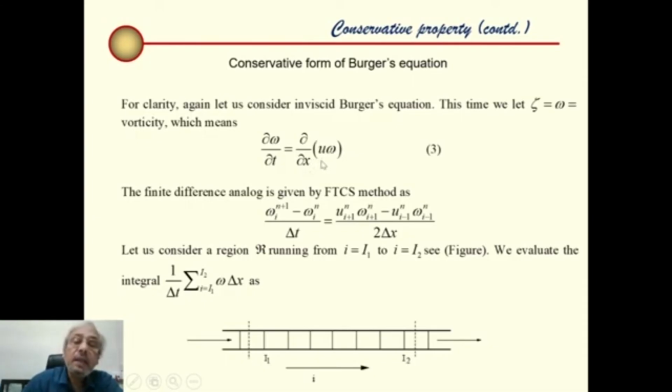And then if we discretize using FTCS, forward time central space, we can write omega at ith point n plus 1 minus omega at ith point n divided by delta t equal to, expressing this using central difference centered in space, half of u i plus 1 omega i plus 1 minus u i minus 1 omega i minus 1, all at nth level.